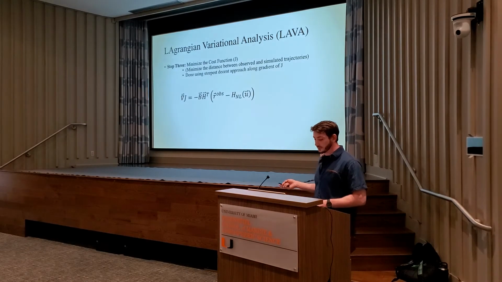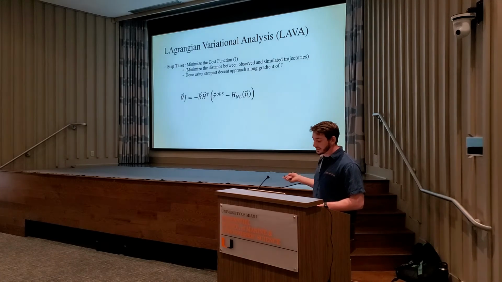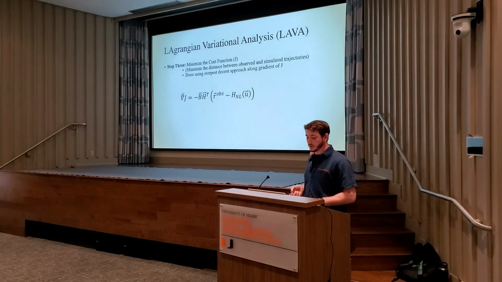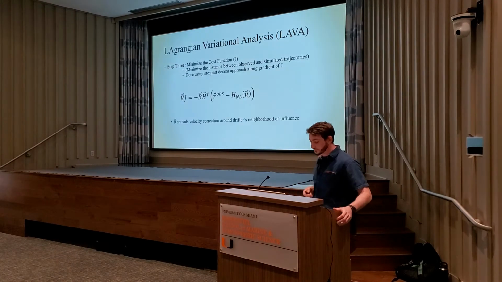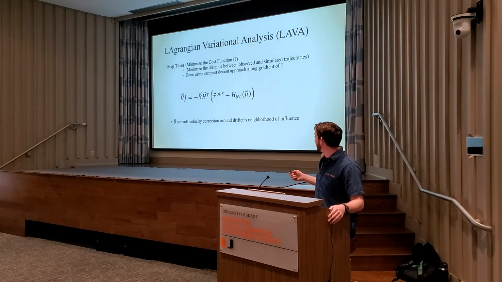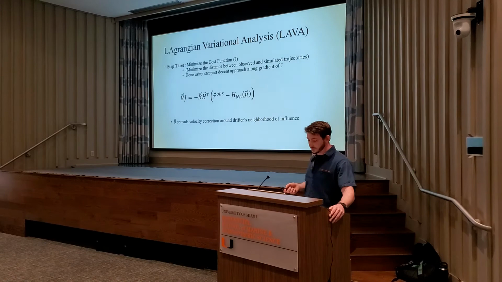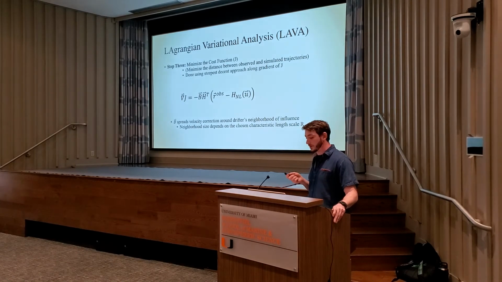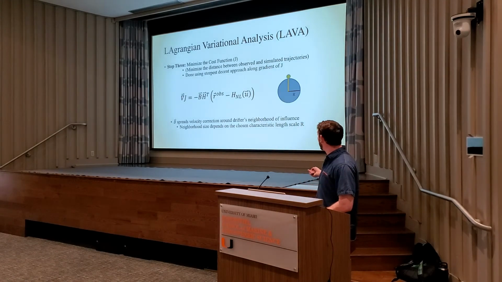So we take the gradient of J, and then we use what's called the steepest descent approach along the gradient of J to reach the minimum. B spreads the velocity correction around the drifter's neighborhood of influence, which is defined by a parameter length scale R, which is shown here, this being your drifter trajectory.